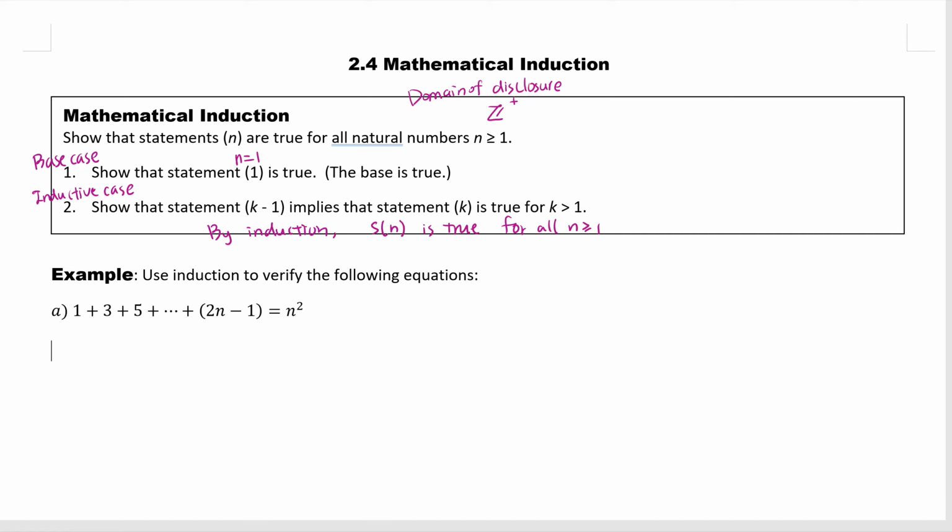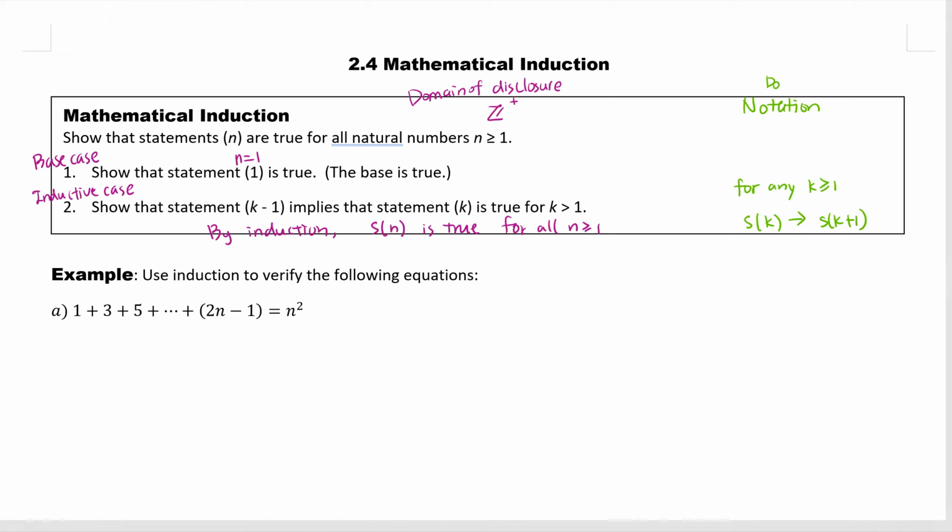Other textbooks use slightly different notation. For example, in our textbook, the base case is the same, but for the inductive case, they assume for any k greater or equal to 1, S of k implies S of k plus 1. And this is the book's notation.